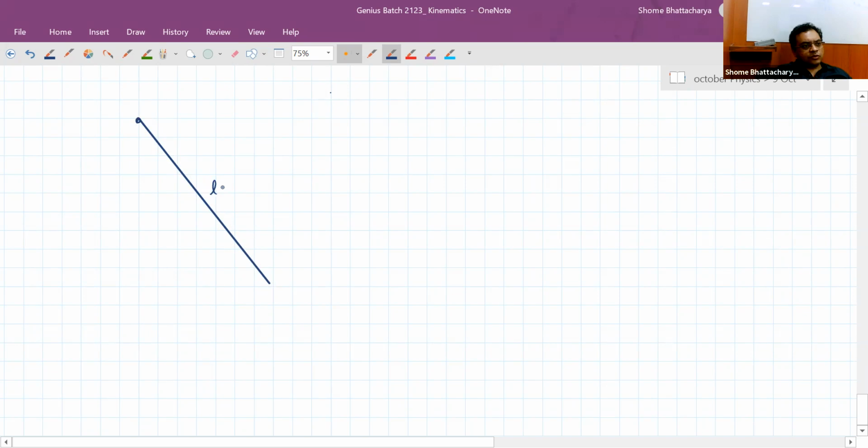So this distance is almost 15 centimeters now. So this is still having that type of motion where A is at rest, and B is going at V naught, okay.